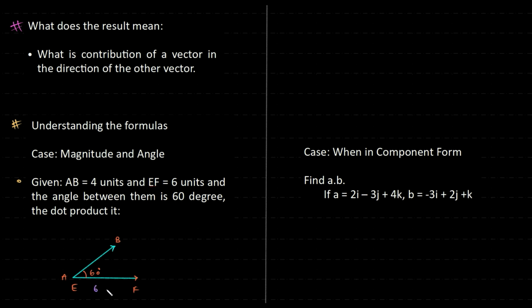This is 6 units. And this is 4 units. Now, the idea of projection is quite simple. All you have to do is put a dotted line, which is obviously perpendicular over here. And this would be your projection.